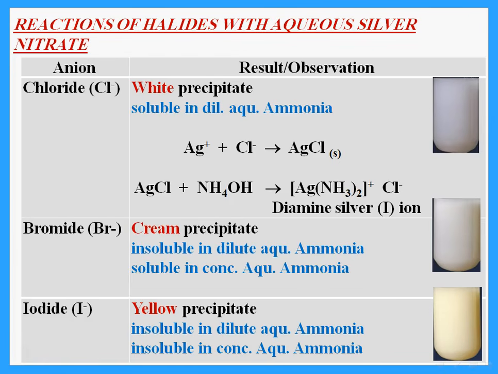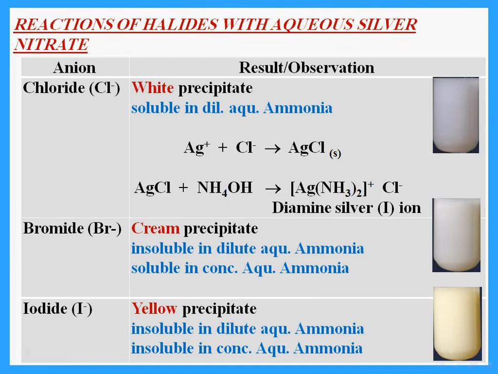But then, as you notice, the colors are very close to each other. And when we're actually doing this test, it is very hard to determine if the precipitate is really white or cream or yellow. So we need to move on and do another test on that precipitate to determine if it is actually chloride, bromide, or iodide.